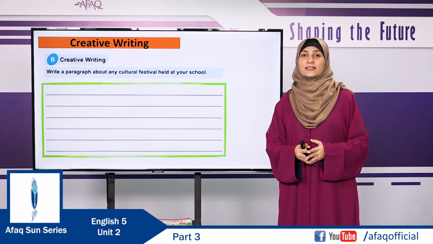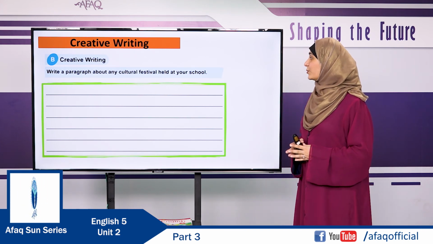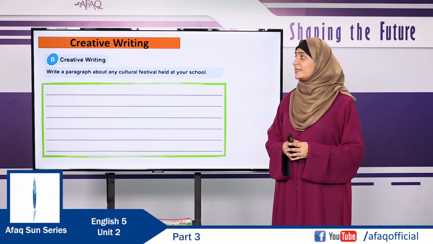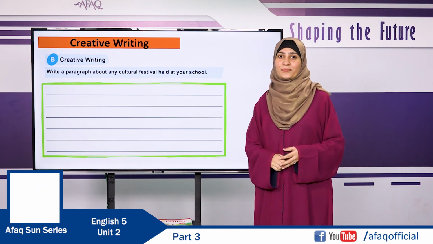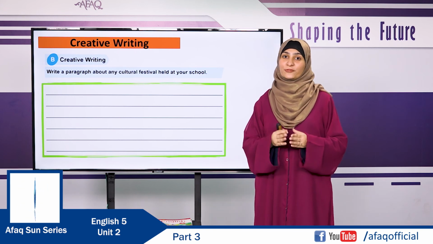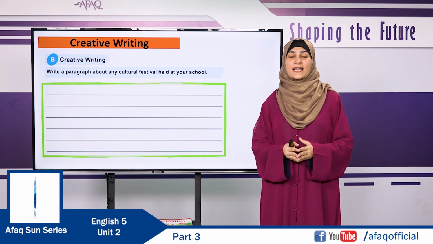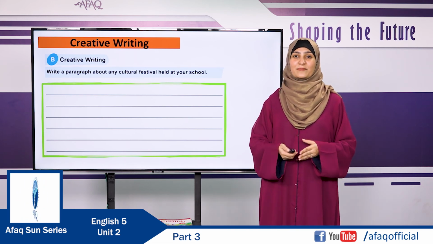Do not forget to mind map it before writing the paragraph, and you can also use sequence markers to write the sequence of the cultural festival that has been held at your school. You can take help from your teacher and parent, and do not forget to use the rules of capitalization and punctuation. So get done with it quickly and come back quick.